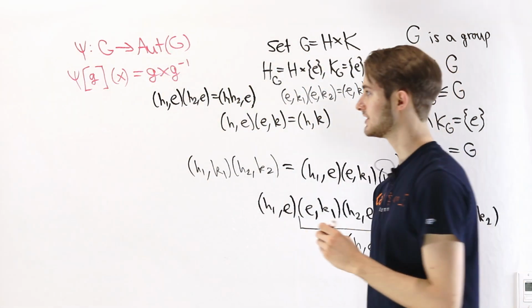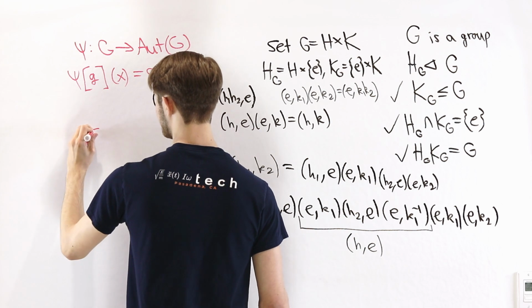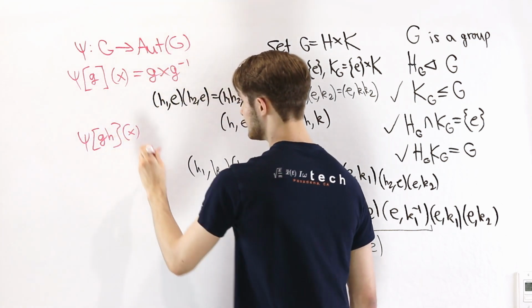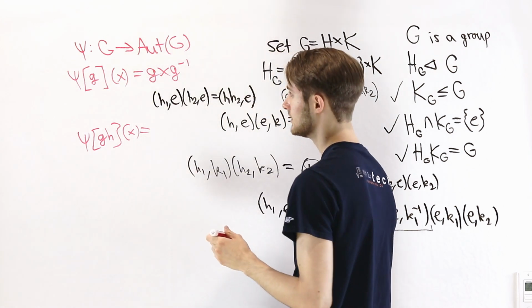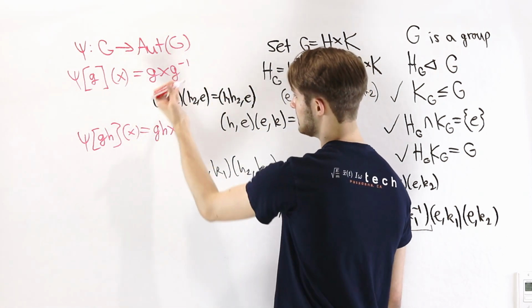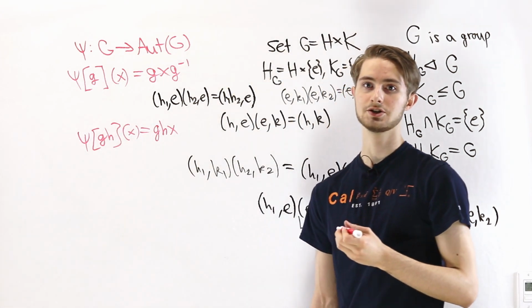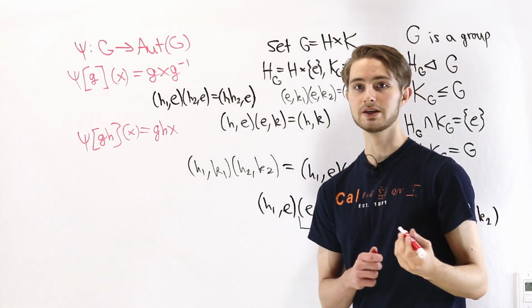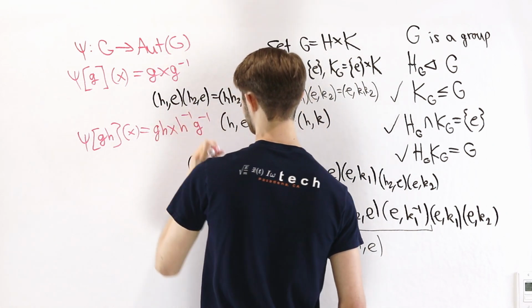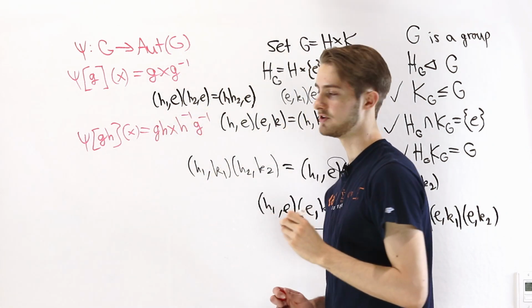Now what I want to investigate is what psi of a product, psi of GH, is. If we apply this to X, by the definition up here, it's going to be GH times X, and then times the inverse of GH. Well, we know in a group, the inverse of GH is given by H inverse G inverse. Notice what happens here.